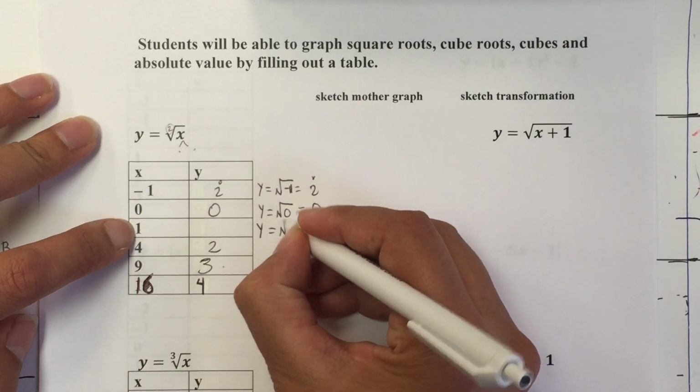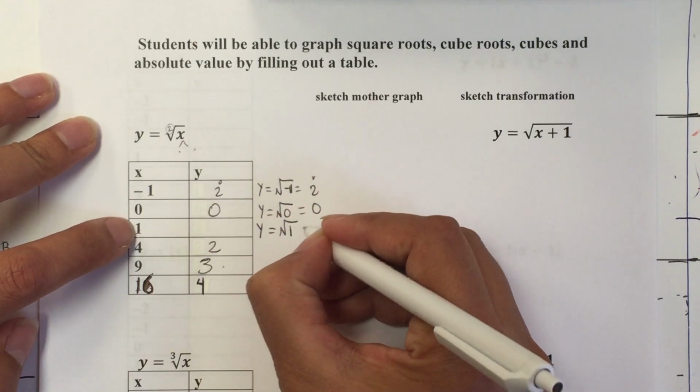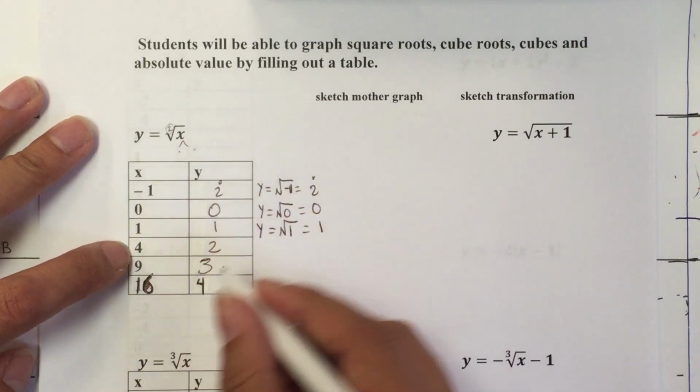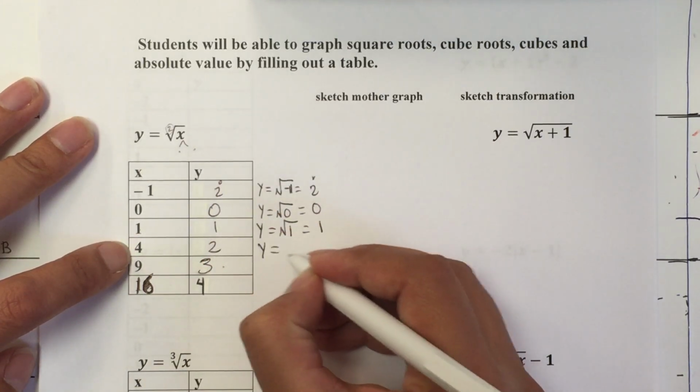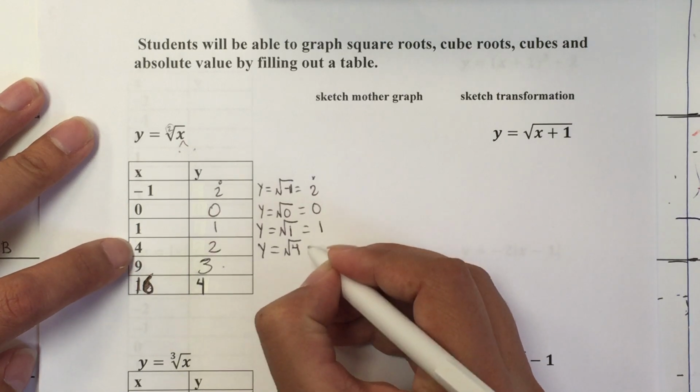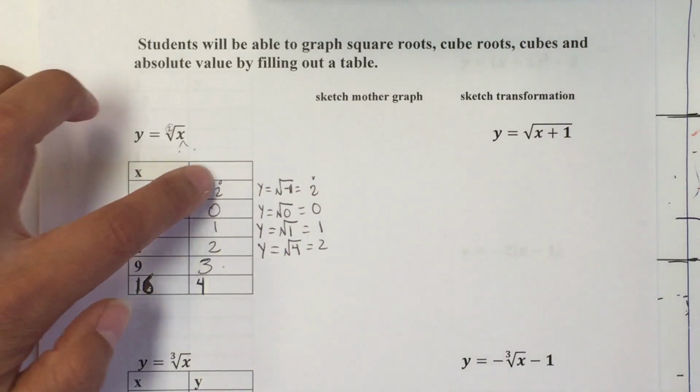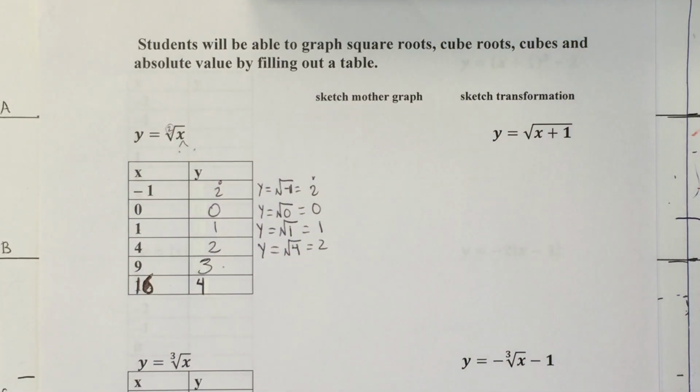Y is equal to the square root of 1, which is 1, because 1 times 1 is 1. And so on. The square root of 4 is equal to 2, because 2 times 2 is 4. So that's how we fill out our table.